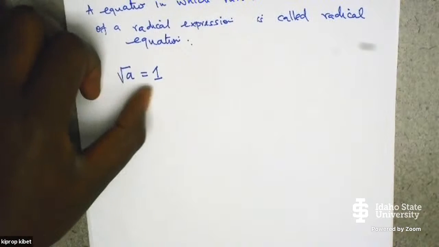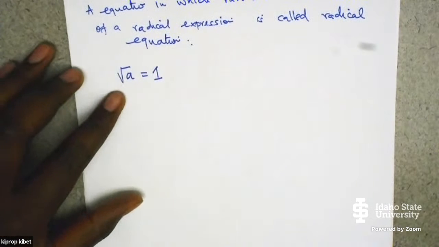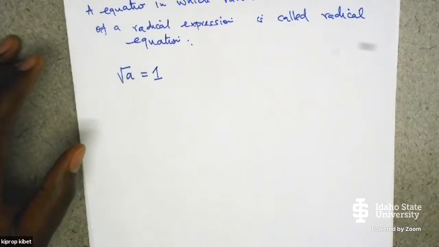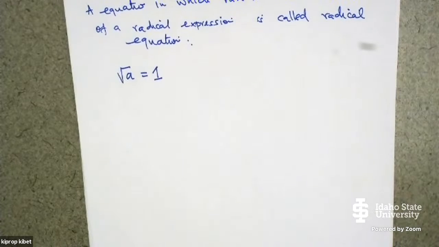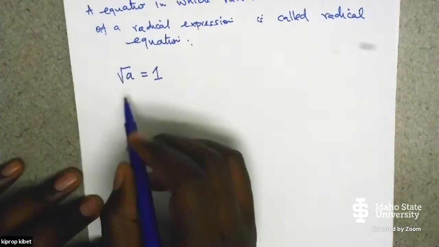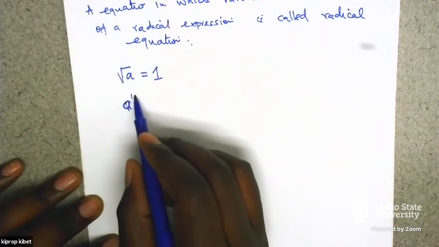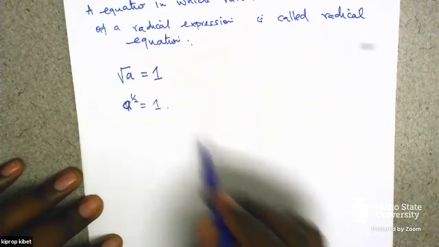What you do first is make sure that the radical is on one side and the other values are on the other side. So to solve this, this is similar to a raised to 1/2 equals 1.